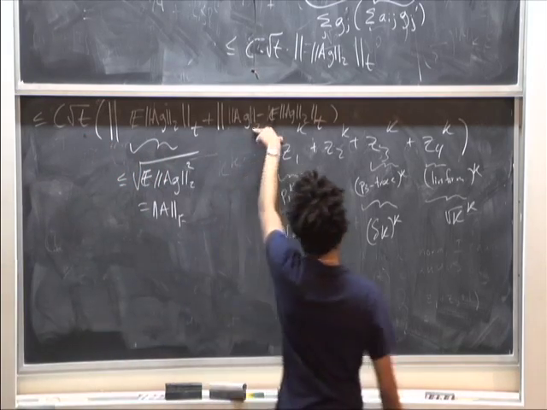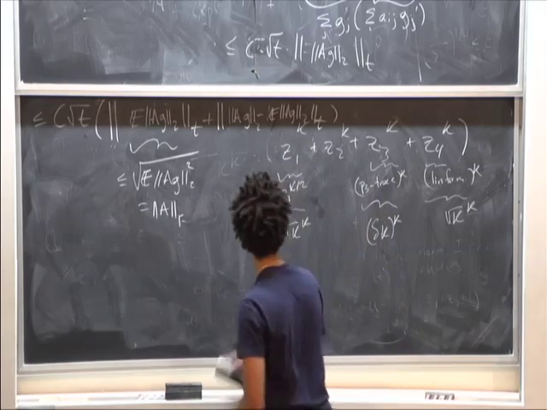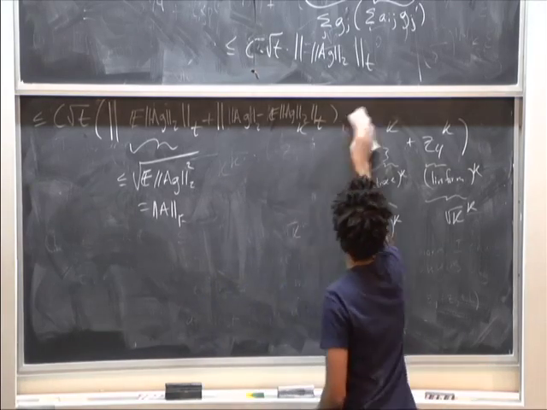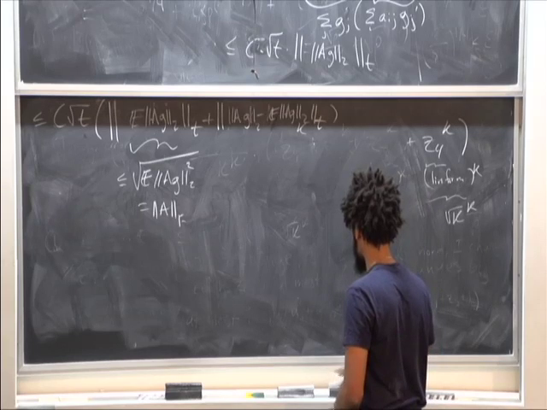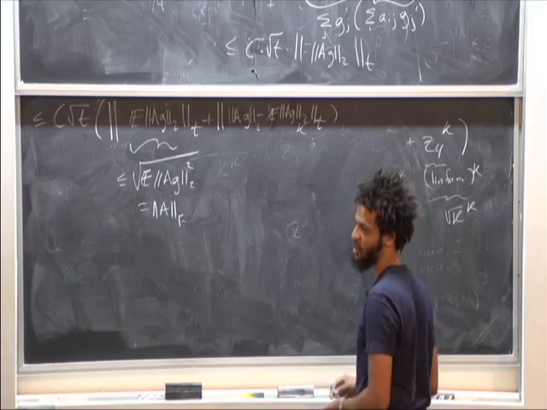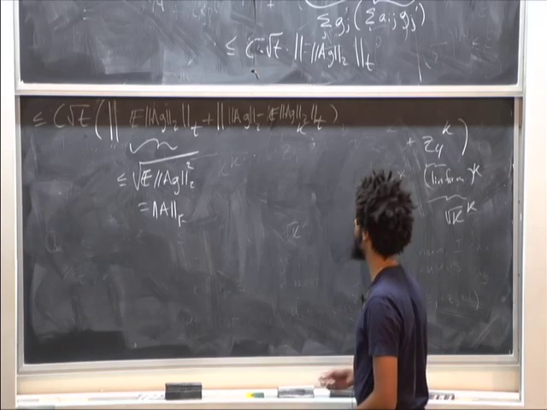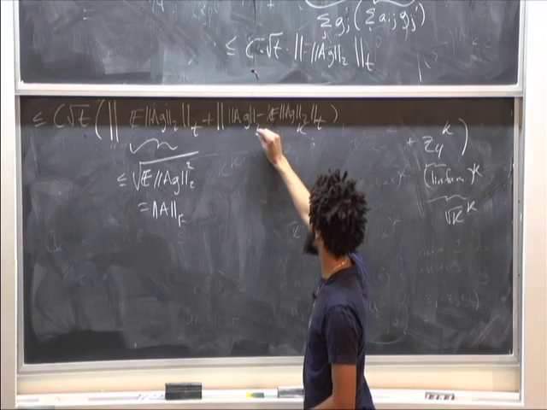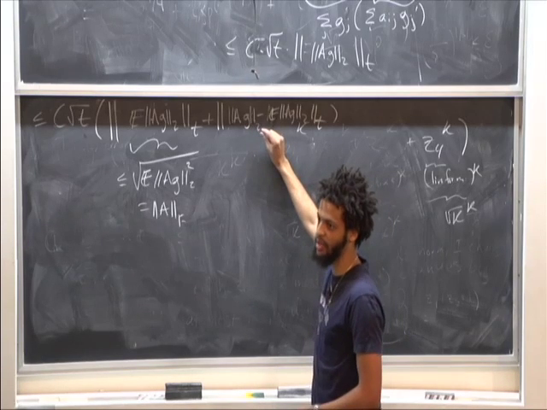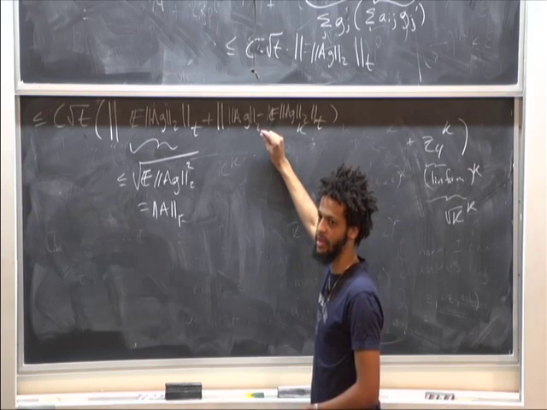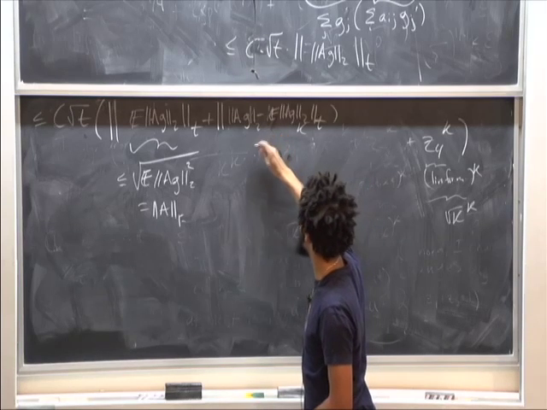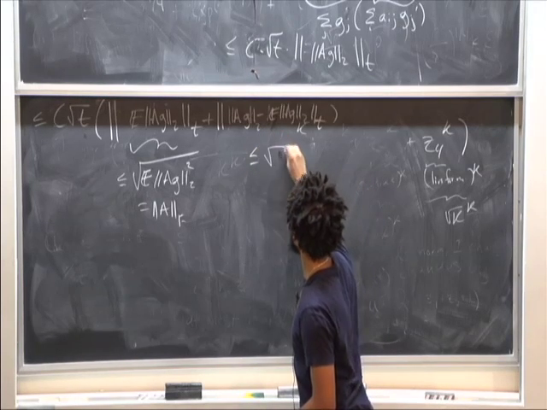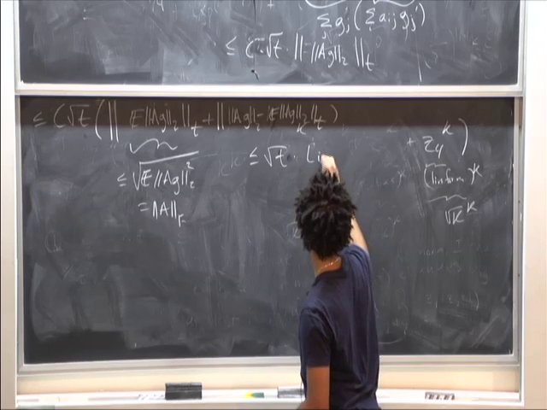Here, this is a proof assuming a tool, namely concentration of Lipschitz functions of Gaussians. There's a theorem that says that this is at most root t times the Lipschitz constant.